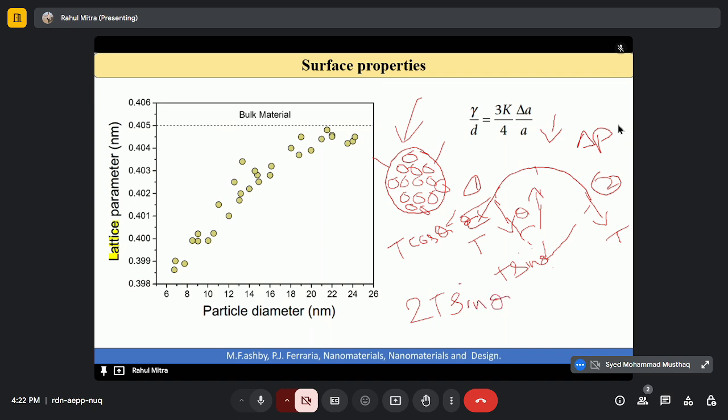Because surface tension is defined as force per unit length, to dimensionalize it we divide by the arc length dl, and that equals delta P, the excess pressure. So far so good.